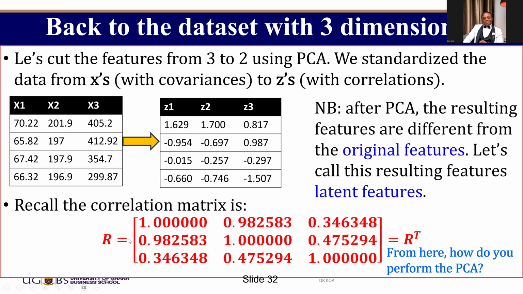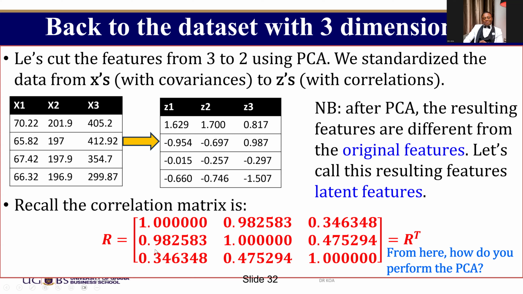The variances are the ones on the diagonal, from left to right, and the covariances are those on the off diagonals. Because this has been beautifully scaled, the correlation matrix is the same as the transpose of the correlations. So we use this Z and we come out with this one.